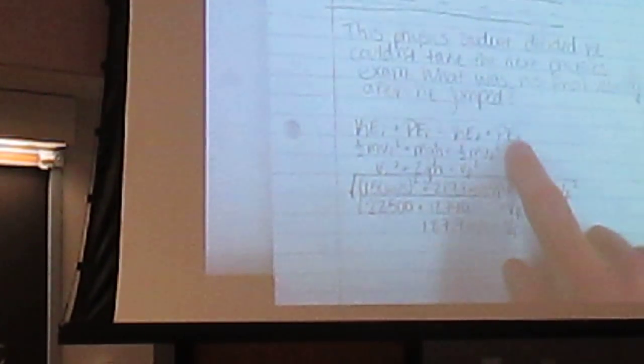Okay, so this physics student decided he couldn't take the next physics exam, so he wanted to jump off this building. The initial velocity is 150 meters per second. It's 650 meters up in the air. So what's the final velocity? We use the kinetic and potential energy equation, and then cross off the masses.